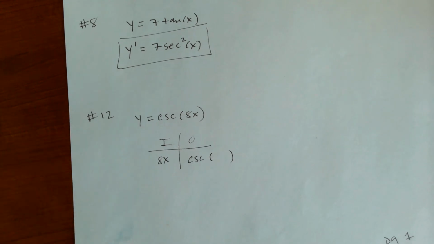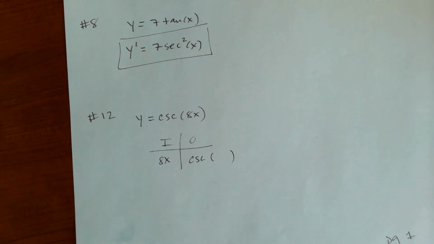Now, I have said this to a few of you, do you need to use this in and out chart? No, you don't need to use it. You don't need to show it. But if you're making a lot of mistakes, then definitely use it until you stop making those mistakes and you can reliably do the problems without using the chart.